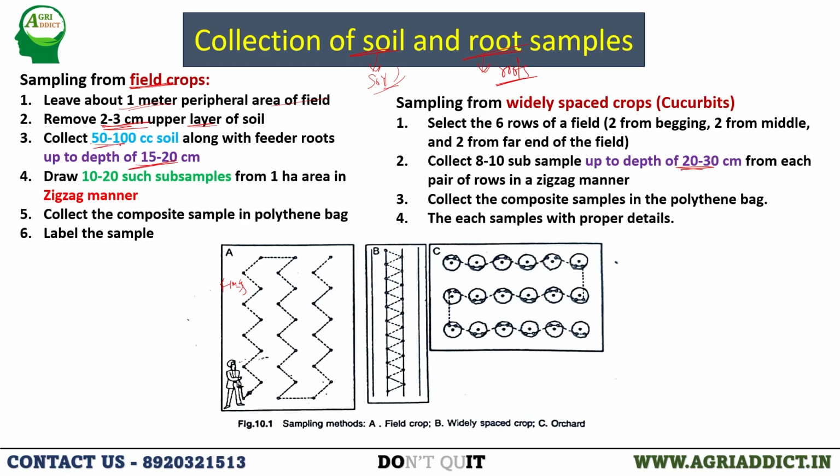Collect 50 to 100 cubic centimeter of soil along with the feeder roots, if present, up to a depth of 15 to 20 centimeter. In case of field crops, we collect soil samples up to 15 to 20 centimeter, about 50 to 100 cubic centimeter for every sampling. Like this, you have to draw 10 to 20 such subsamples from a 1 hectare area.